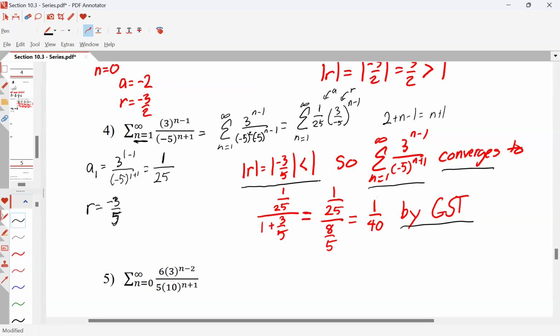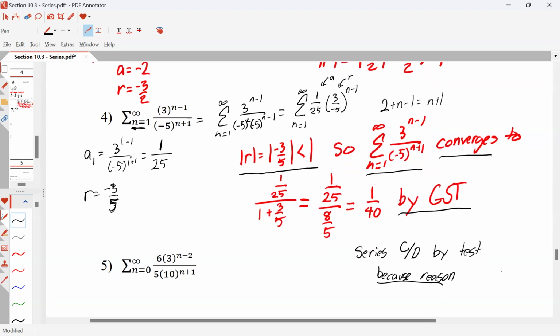But as we add more tests, these sentences are: the series converges or diverges by test because reasoning. And sometimes the because reasoning is inside your work, but we need to make sure we see the reasons clearly listed out.